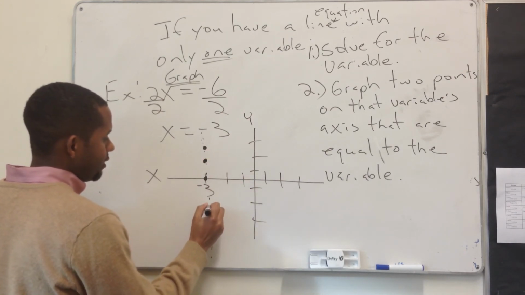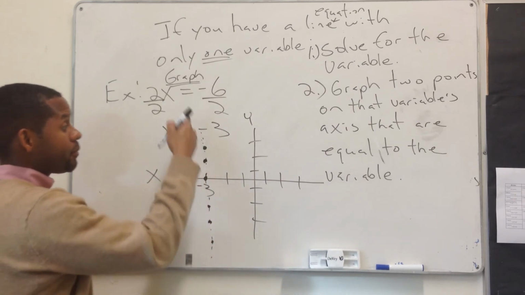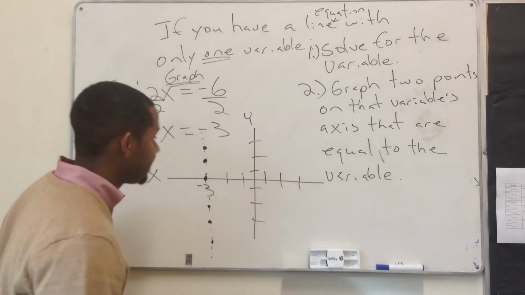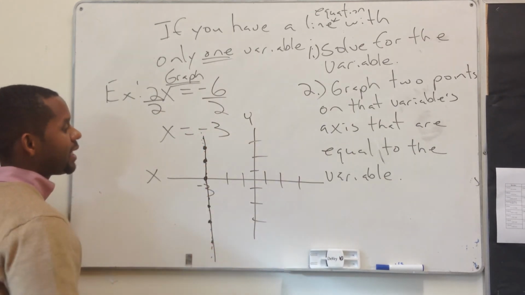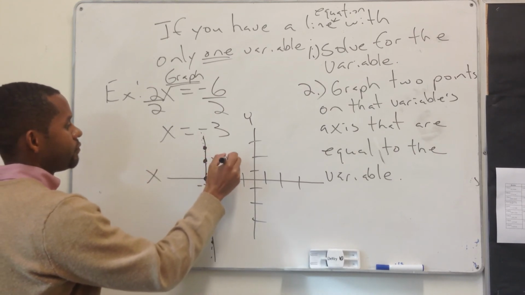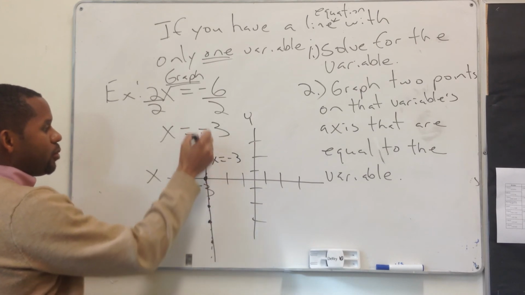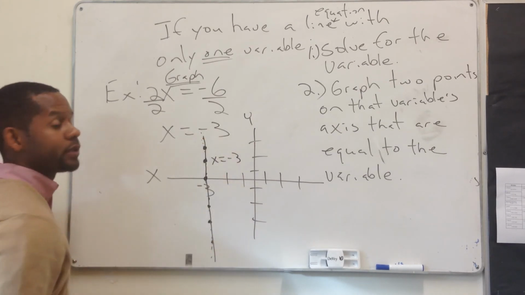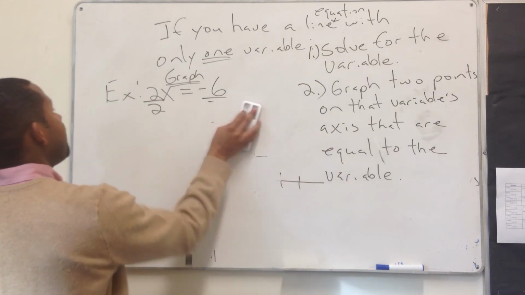All of these points line up with negative 3 on the x-axis, which means here is my line for x equals negative 3. That line right there. Because all of these points line up with negative 3 on the x-axis. Can't get much easier than that.